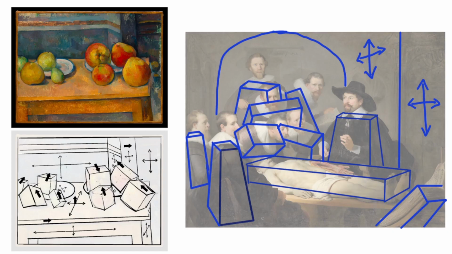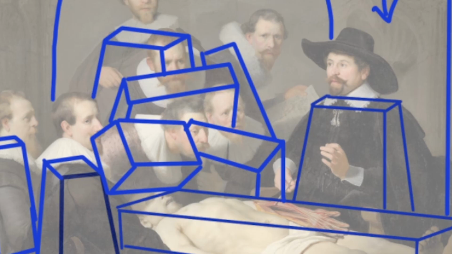Having that in the foreground is great because it welcomes us into this painting, right? It has us being part of it because it feels as if we were literally there with those doctors in that anatomy class. It's such a cool feeling.